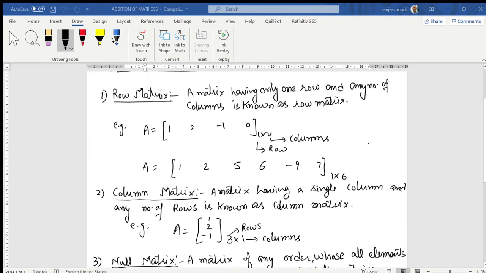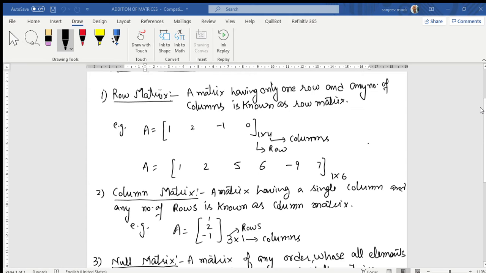For example, any matrix which is not square, you can say that it is rectangular. Let we have a matrix A, 2 3 5, 6 1 7 minus 1 and 7. It is a matrix of order 2 by 3. Number of rows you have is 2, which is not equal to number of columns 3. So it is a rectangular matrix.